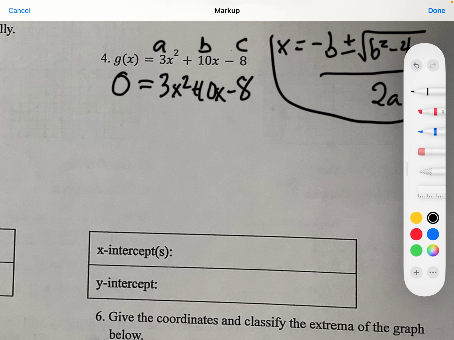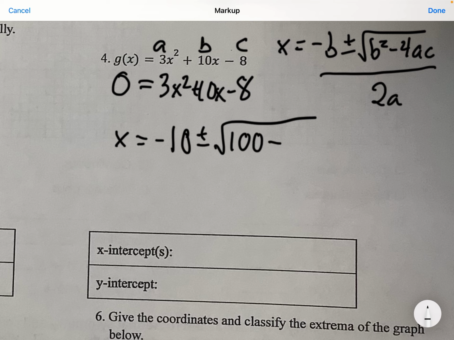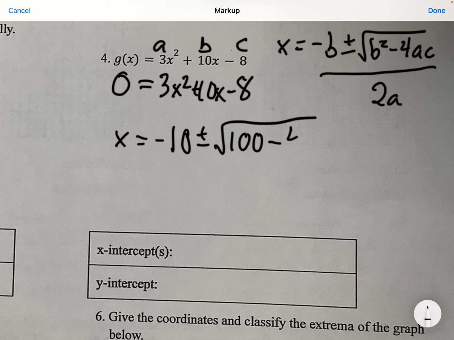So to solve it, we just plug in those values for the variables, a, b, and c. So this is negative 10, because b is 10, plus or minus square root of 10 squared is 100. I get that from b squared, because that's 10 squared, 100, minus 4 times a, which is 3, times c, which is negative 8.